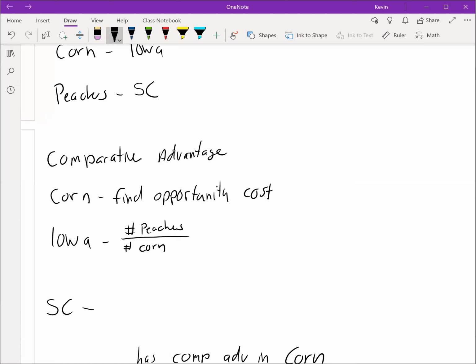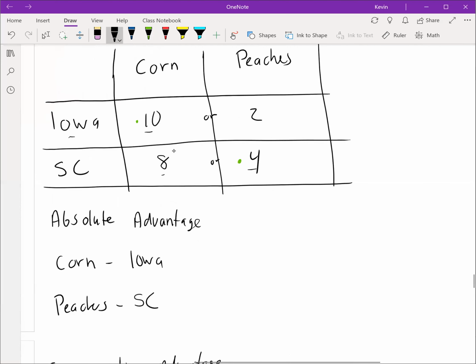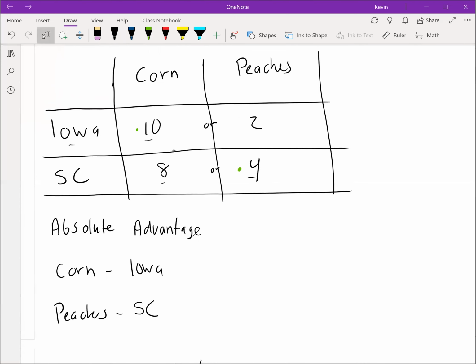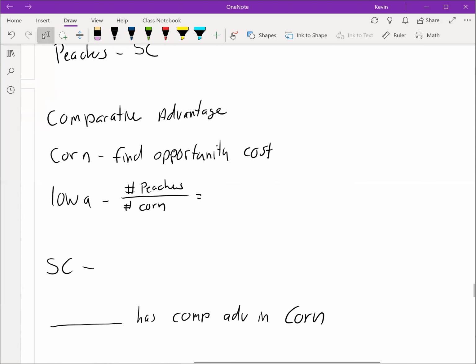So in this case, in Iowa, we can make either 2 peaches or 10 corn. So this will come out to 2 over 10, which comes out to 0.2 peaches. So in order for Iowa to make 1 unit of corn, they have to give up 0.2 of a unit of peach.